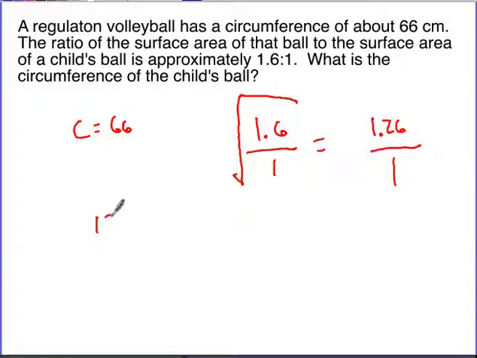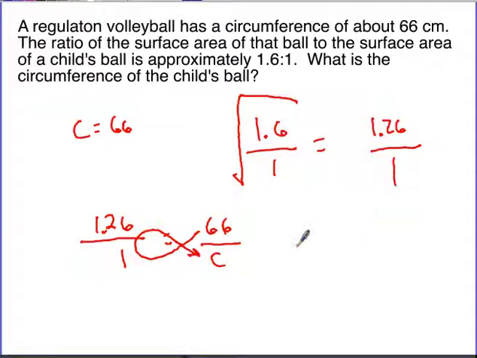Now we can use that: 1.26 over 1 equals 66 over, we're looking for the circumference of the other one, so 66 times 1 divided by 1.26. 52.4 centimeters would be the circumference of the child's ball.